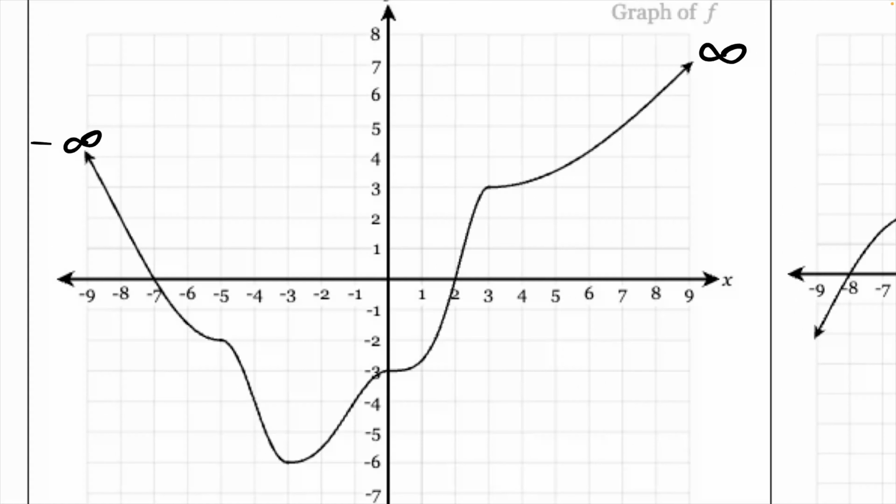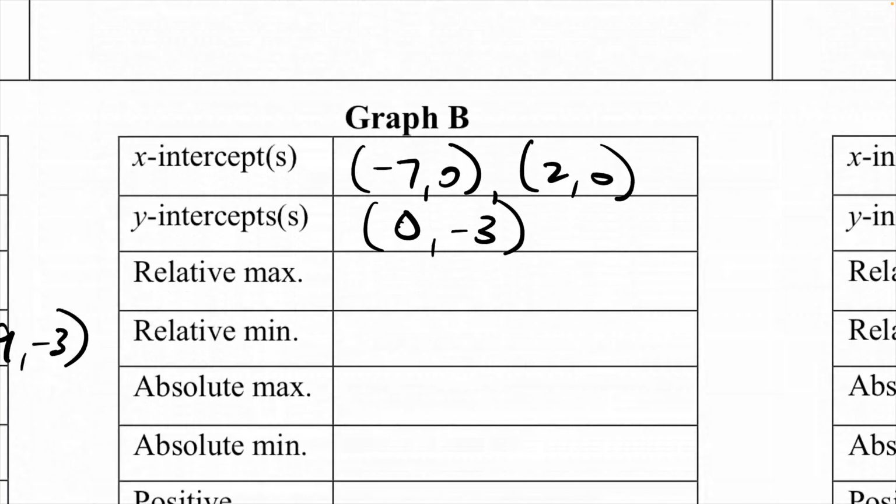So infinity is not a number, it's an idea. What number is it? I have no idea. I just know it's way up there. So we do have high points, but those are arrows, and we don't know what number it is. So because of that, we say there are no high points that we can write down, because the arrows are going up and up.